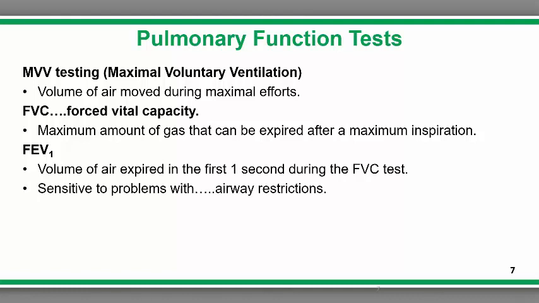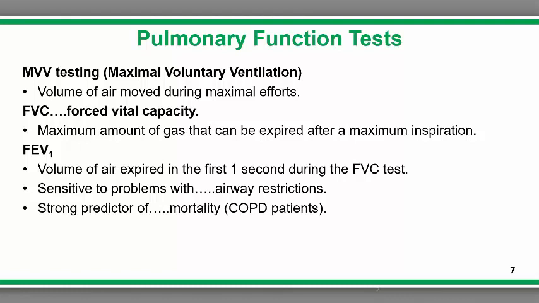Now, this is a measure that is particularly sensitive in individuals that have any pathological issues with any sort of obstruction or restriction. And specifically in patients with COPD, FEV1 is a strong statistical predictor of early death or mortality in COPD patients.